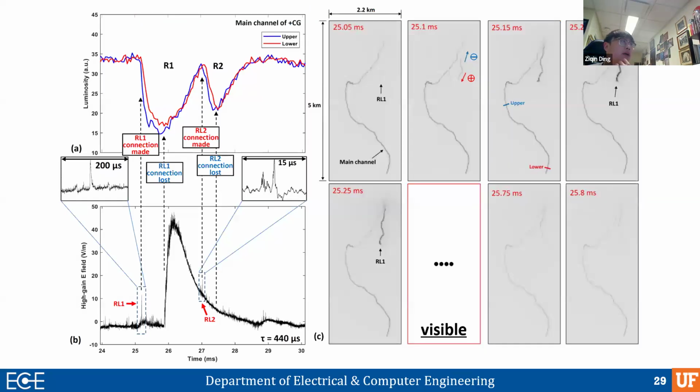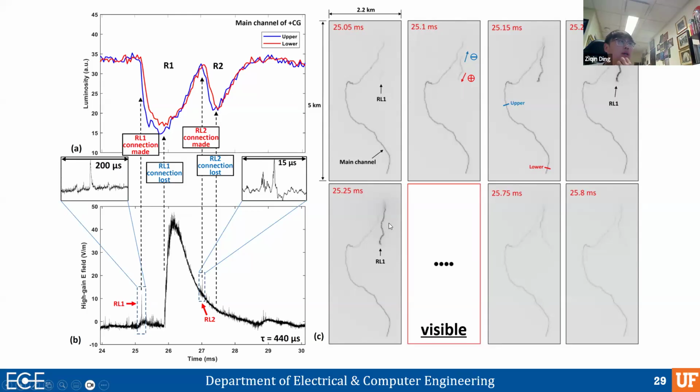In this study, we found that, as the consecutive frames shown here, during the continuous current stage of the positive stroke, the recoil leader, which propagates bidirectionally with the negative end propagating upward and the positive end propagating downward, after it connects to the continuous current channel, we observe a luminosity decrease inside the continuous current channel.